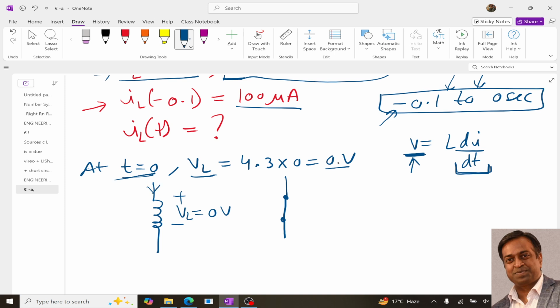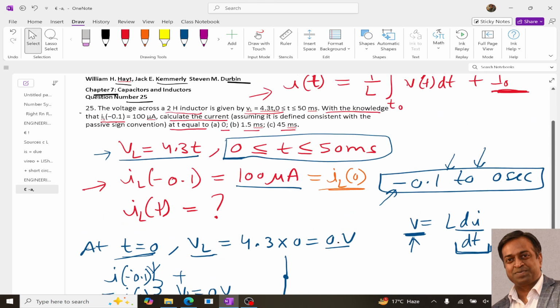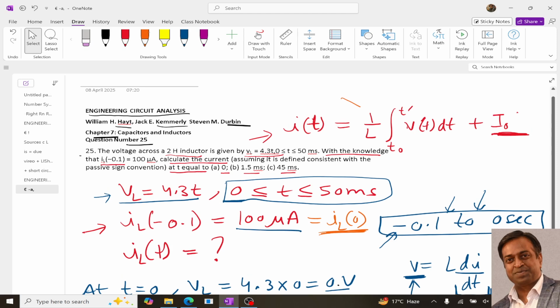The current flowing at t = -0.1 is the same current flowing at t = 0. So this is exactly the same current flowing at 0 seconds. Having this information, we can now use this particular formula.